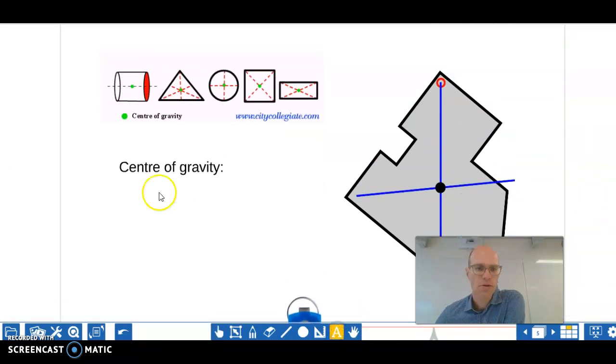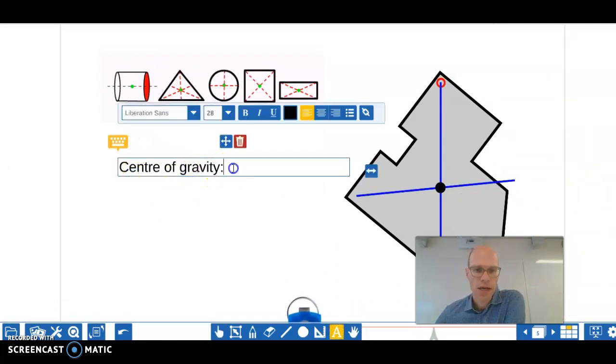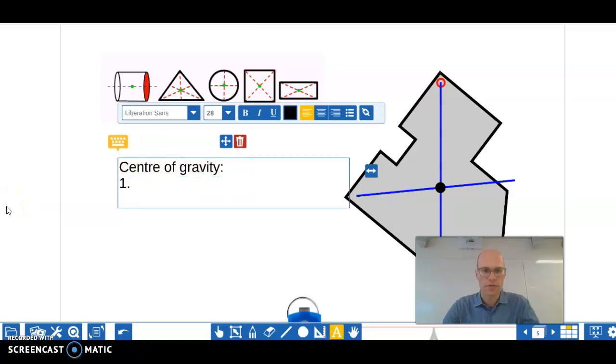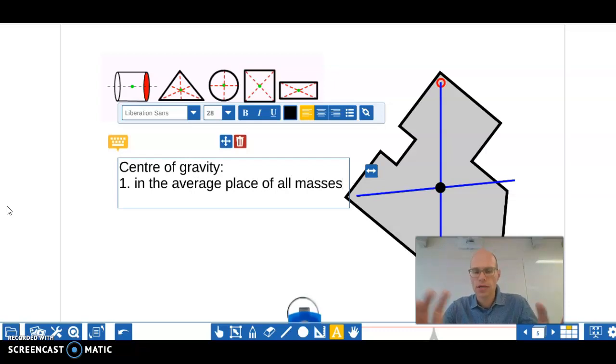The center of gravity has two things. First of all, the center of gravity is the average place of all masses. You can think of an object as having all kinds of different masses, all kinds of different atoms.